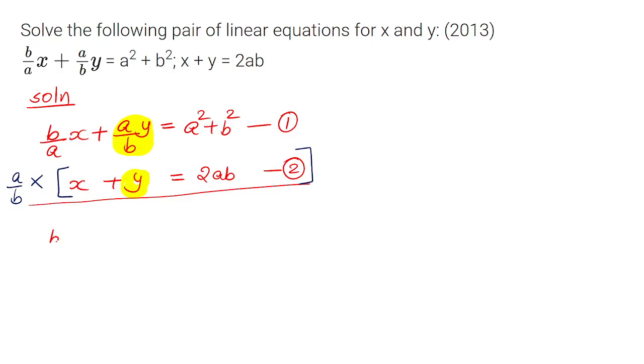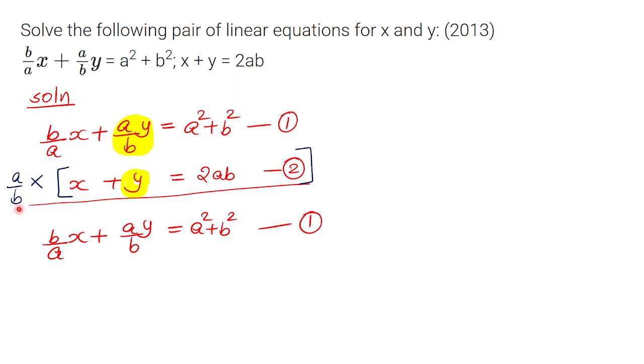So let me write the first equation once again. All of you please listen. b by a into x plus a by b into y is equal to a square plus b square, equation number 1.